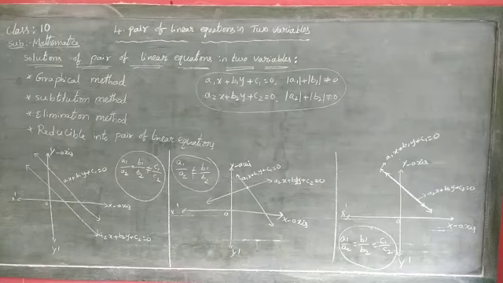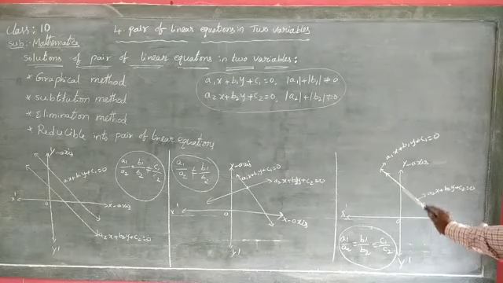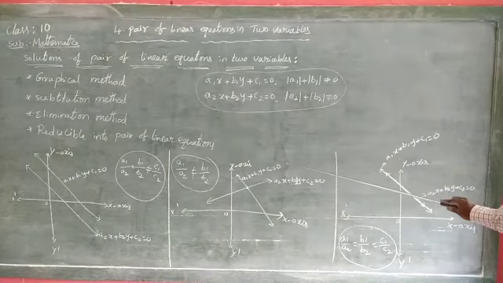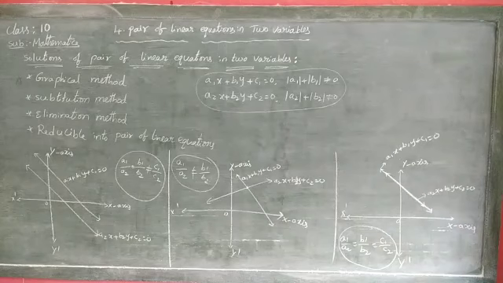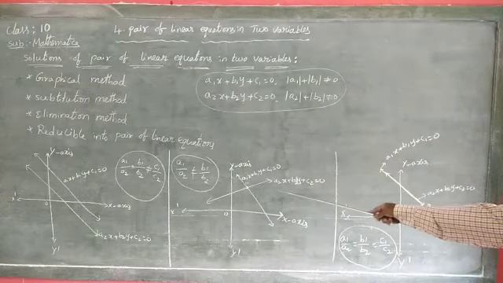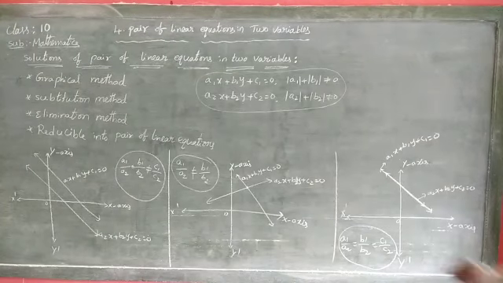Suppose the first line is represented as a1x plus b1y plus c1 equal to 0, a straight line. The ordered pairs of the second linear equation, whenever we join them, that line intersects the previous line at one point.